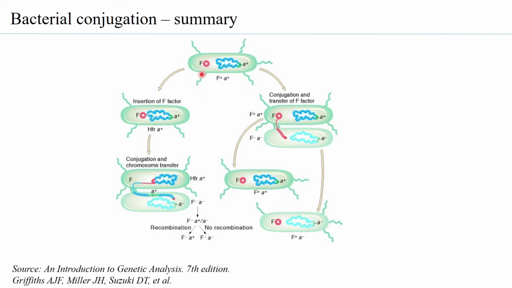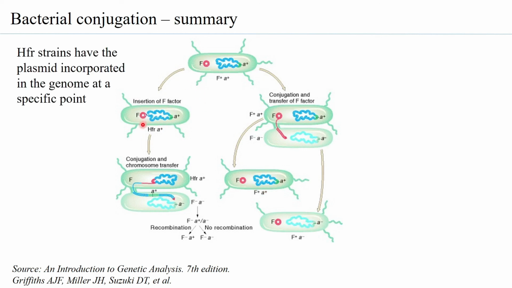However, if the F plasmid gets incorporated into the genome at a specific point, and the rolling circle mechanism begins using the F plasmid origin, the displaced DNA is transferred to the recipient cell, wherein the single strand is then converted into double strand.